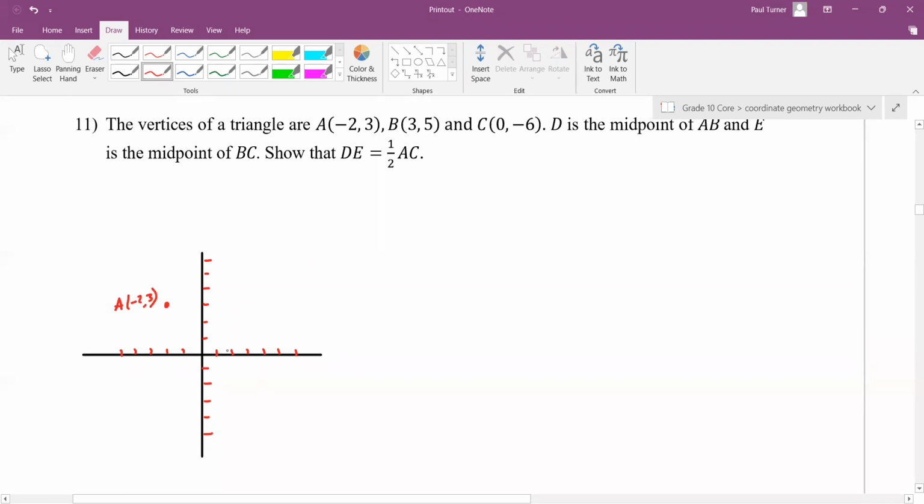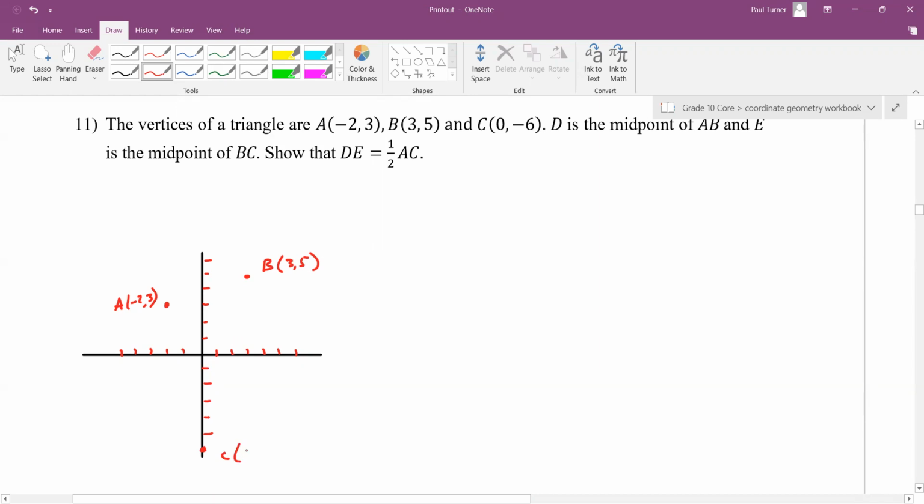B is 3, 5. And we've got C, which is X is 0, Y is -6, so 1, 2, 3, 4, 5, 6 down here.